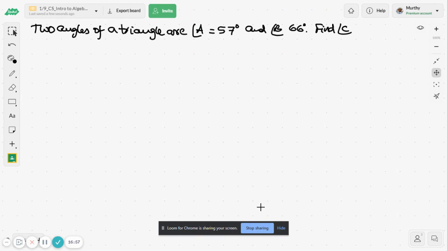Sometimes you may be given two angles of a triangle and no diagram is given. By then you cannot use a protractor to measure.